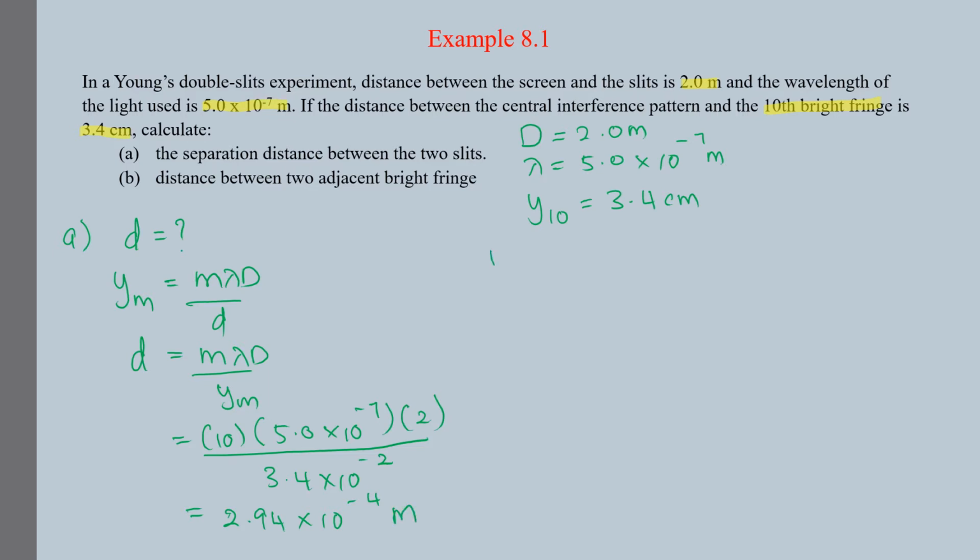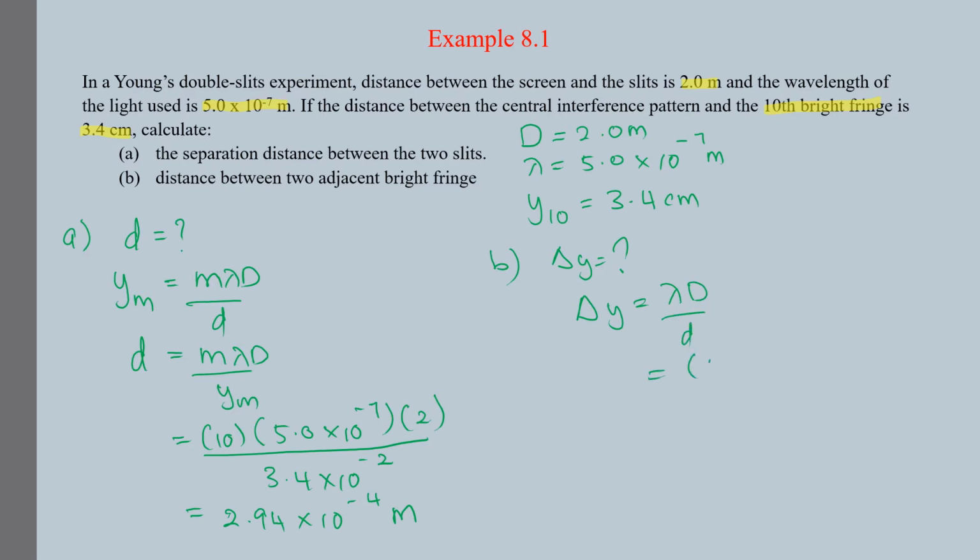Okay, now B, the distance between two adjacent bright fringes, or delta Y. The formula we have to use is delta Y is equal to lambda D over d.